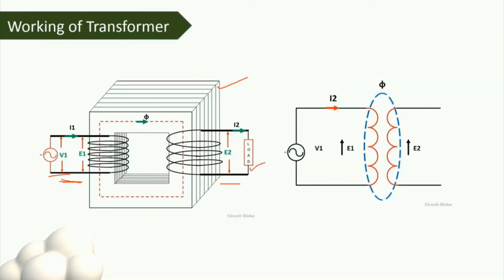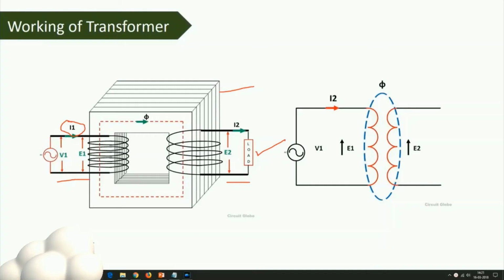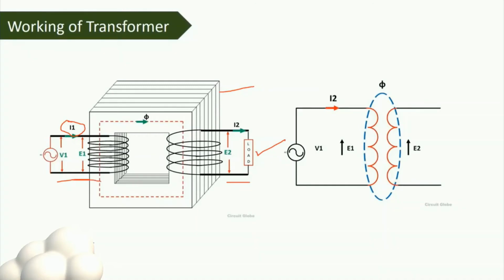And what happens if there is a current flowing through the coil? A magnetic field will be produced, and in the same magnetic field we have enclosed one more coil from where the output will be taken.